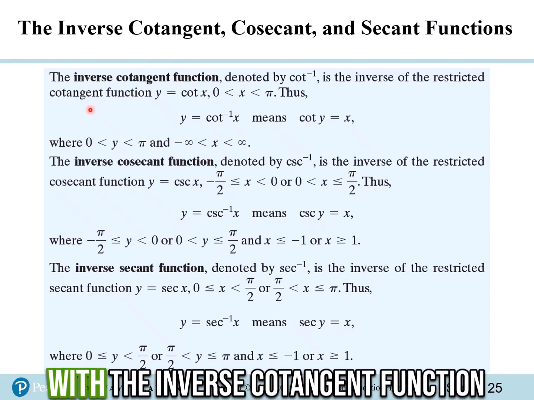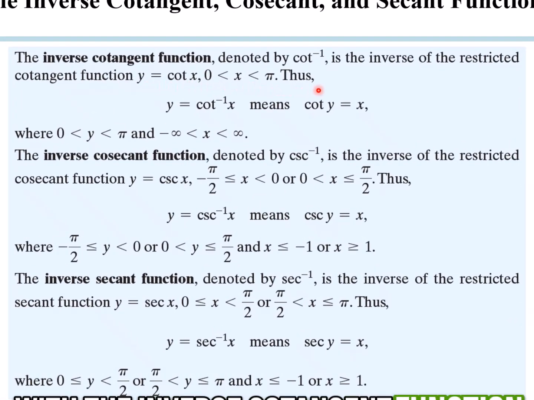We'll start with the inverse cotangent function, denoted as cot with a -1 as its superscript, and the restricted domain is between 0 and pi, but 0 and pi by themselves are not included within this interval, but anything between this interval would be an acceptable domain.